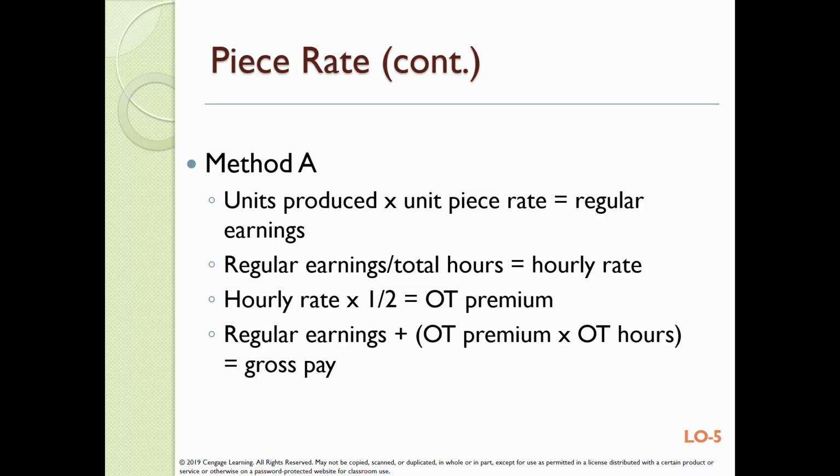Now, here's the only tricky thing about this method. That first calculation is a piece of cake. I now want to know what he made per hour. Are you going to divide by 40 or 47.25? 47.25, because that's how many hours it took him to earn that amount of money.